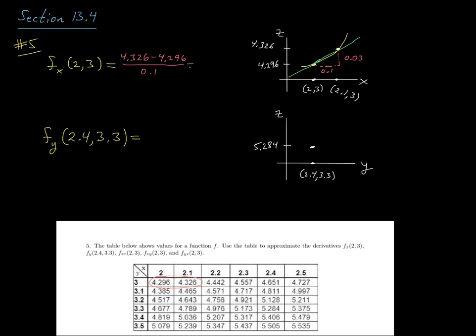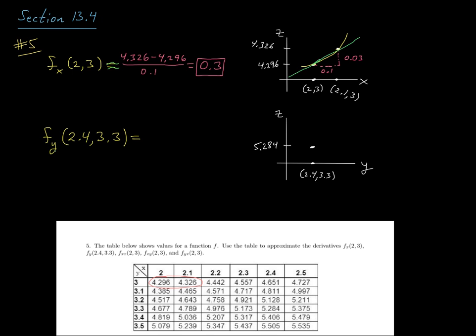So 0.03 divided by 0.1 comes out to 0.3. So our approximation to fx at (2, 3) would be 0.3.